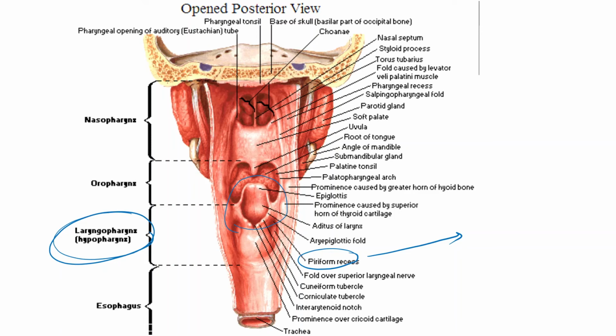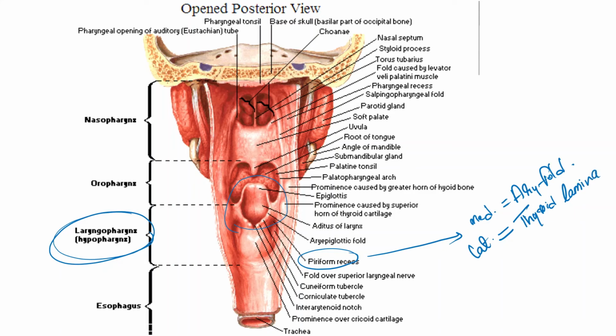This pyriform fossa is limited medially by the aryepiglottic fold, and laterally, as we can see, it is limited by the inner surface of the lamina of the thyroid cartilage.